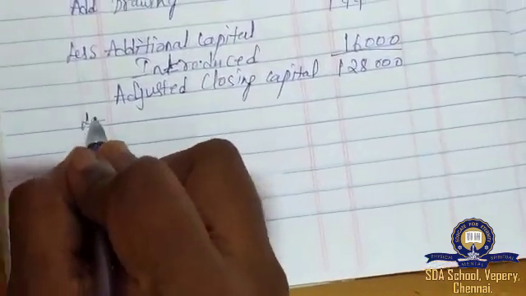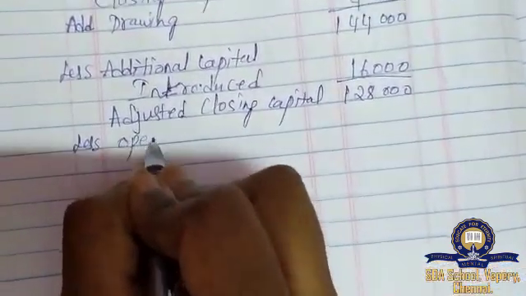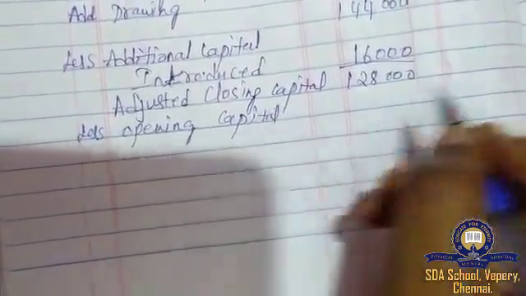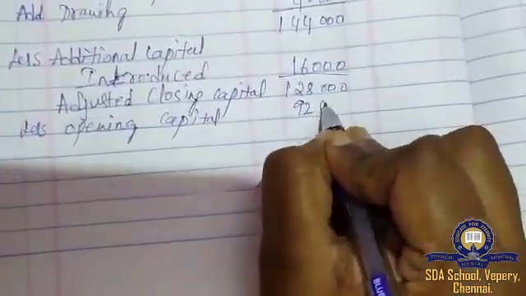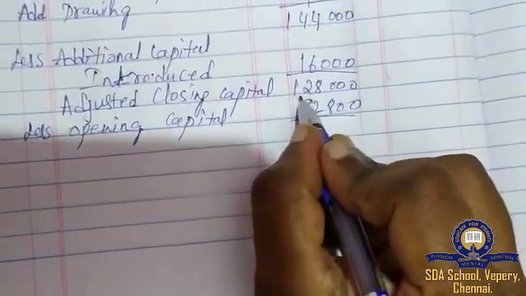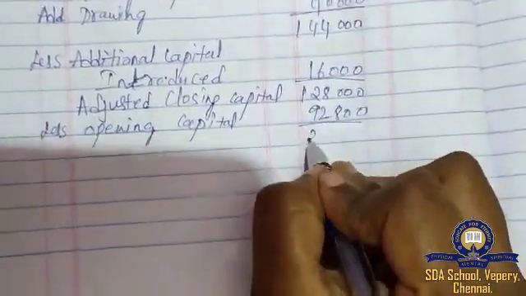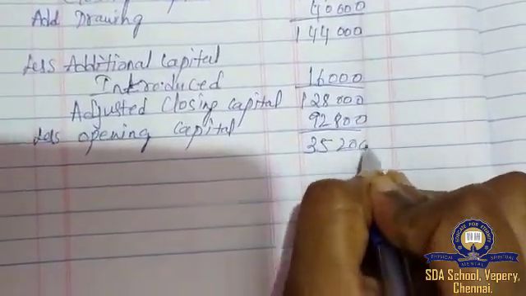So then less opening capital 92,800. So from 1,28,000 if you minus 92,800 you will be getting 35,200.